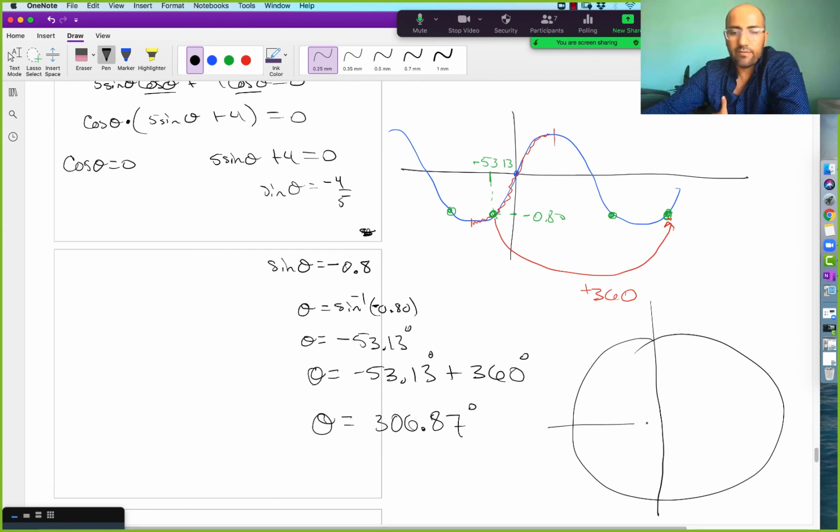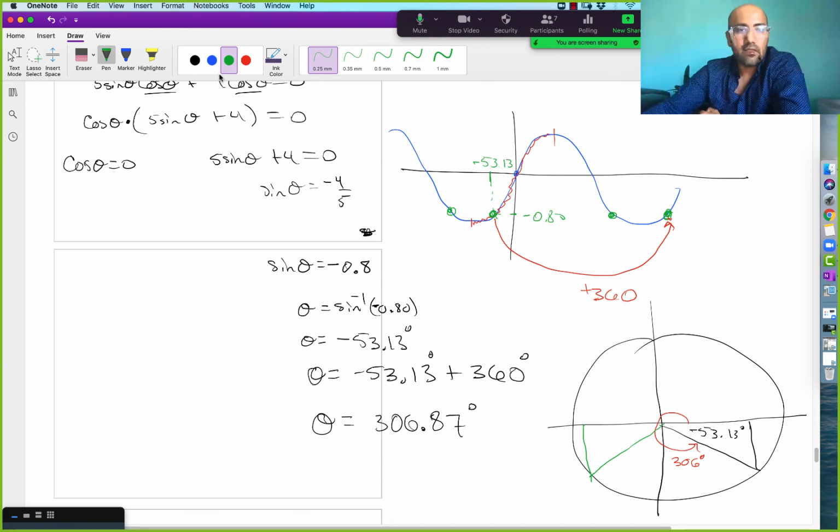let's see what we have so far. In quadrant 4 we have negative 53.13 degrees, or equivalently, if we go this way, we get to 306 degrees. This is the triangle that gives us the result we're looking for. But there's also another triangle over in quadrant 3 that's going to work out, since sine is also negative in quadrant 3.